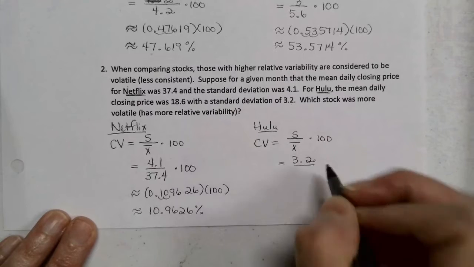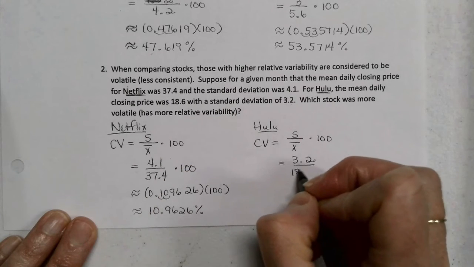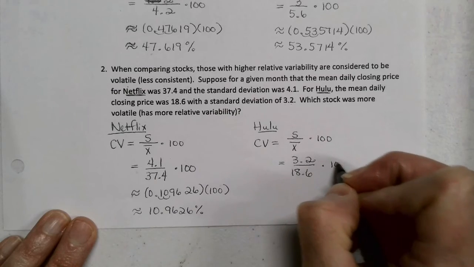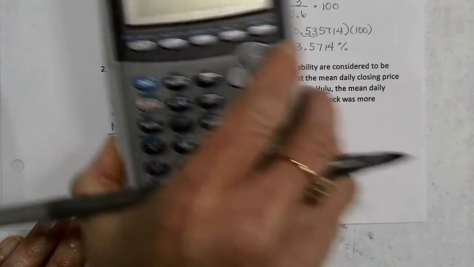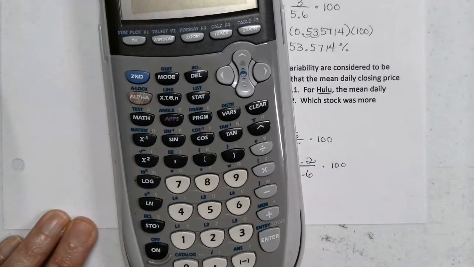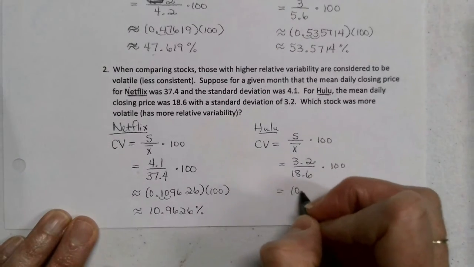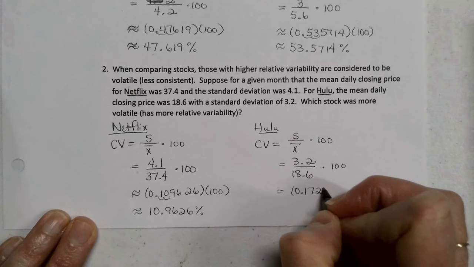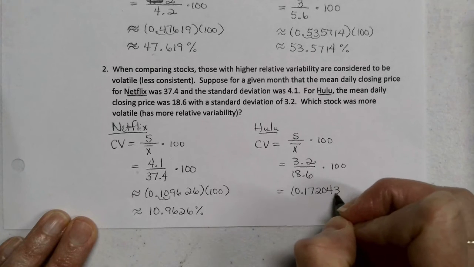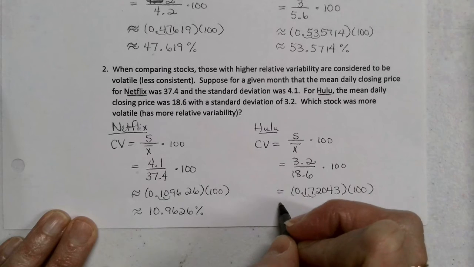I'm going to divide 3.2 by the mean closing price of 18.6, and then multiply by 100. 3.2 divided by 18.6 is 0.172043, and I multiply that by 100, which again means sliding the decimal point 2 to the right.